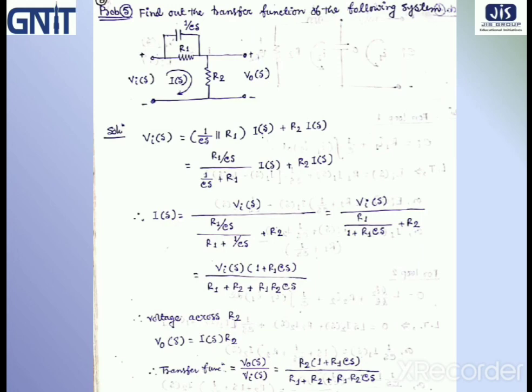Here we have to calculate the transfer function, that is the Laplace transform of output by input, V_O(s) by V_I(s). V_O means output voltage and V_I means input voltage. So the ratio of V_O and V_I in the s domain is the transfer function, and you have to calculate this.